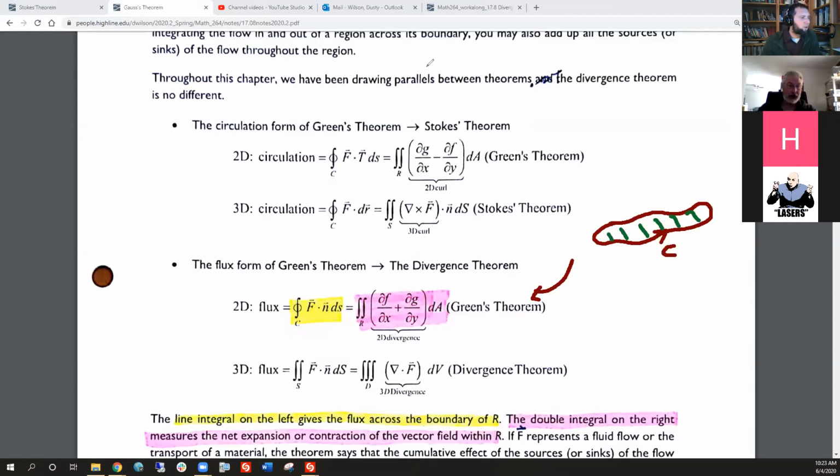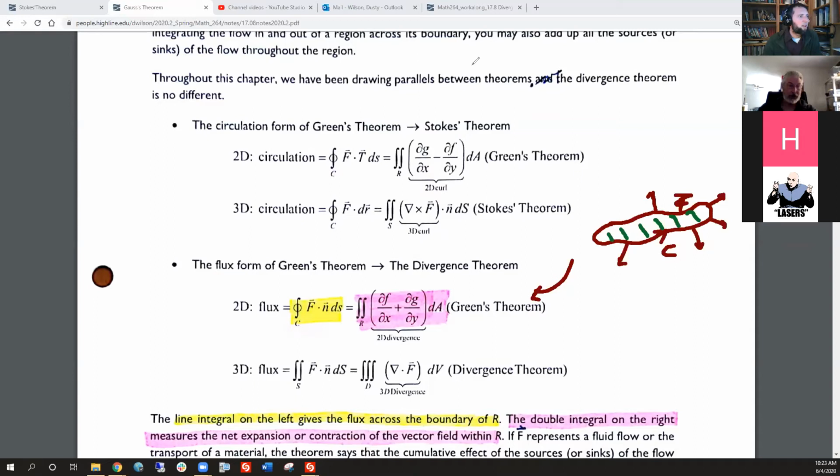When we're looking at the flux, we're looking at the normal component that's going outward across the boundary. Oops, not that one. It's got to be perpendicular, right?